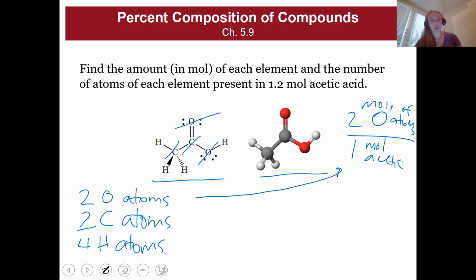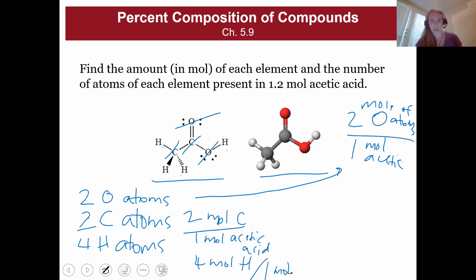We're going to have the same conversion factor for carbon and hydrogen. Similar, at least. So 2 moles of carbon in 1 mole of acetic acid. Sorry. And 4 moles of hydrogen in 1 mole of acetic acid.